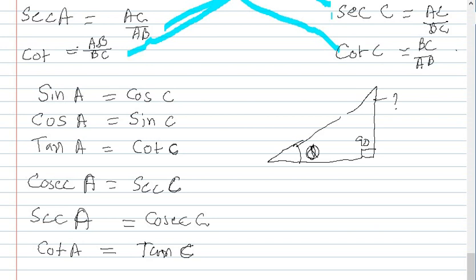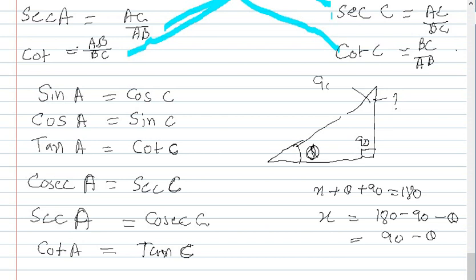See this, let this be a question mark, x. So x plus theta plus 90 is equal to 180, and x is equal to 180 minus 90 minus theta, which is 90 minus theta. So if this angle is 30 degree, then this would become 60 degree. If this is 10, this would become 80. Simply 90 minus angle.